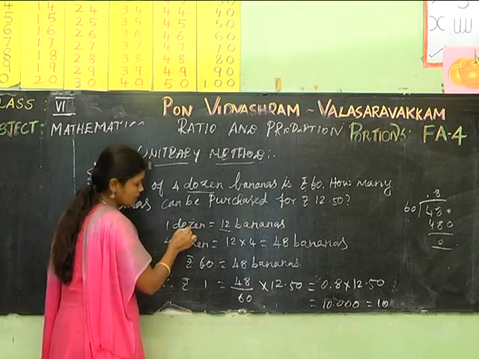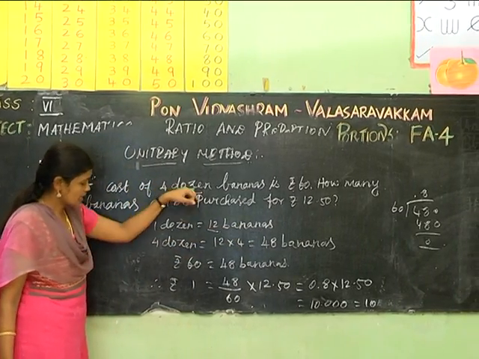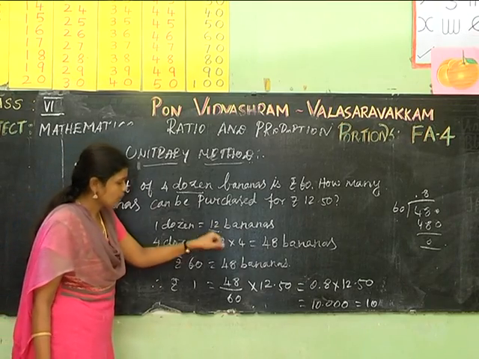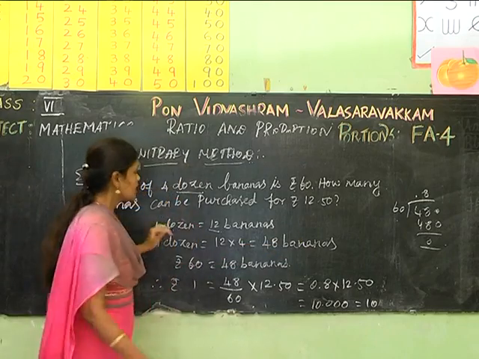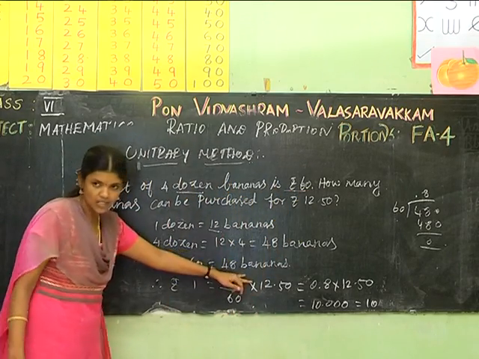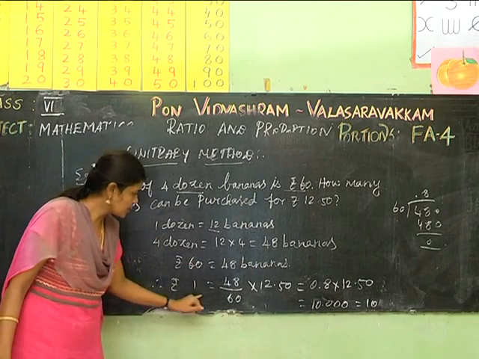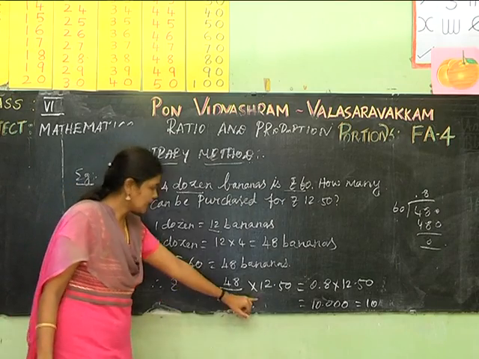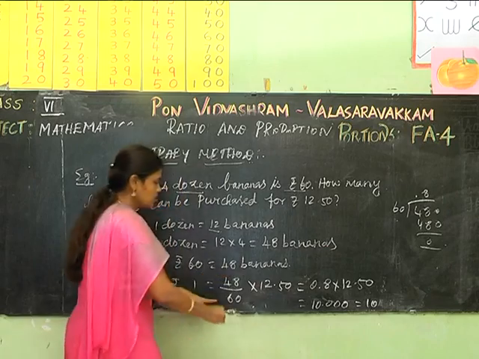So one dozen is equal to 12 bananas. Here it is given as 4 dozen. So 4 dozen is equal to 12 into 4. You will get 48 bananas. Now you have to find. It is given in your question rupees 60 is equal to 48 bananas. You have to find the value for 1 rupee. So 1 rupee is equal to 48 divided by 60, into the given rupees 12.50.